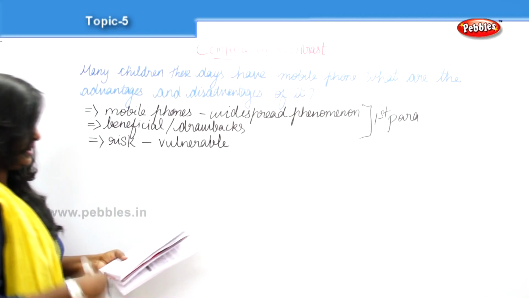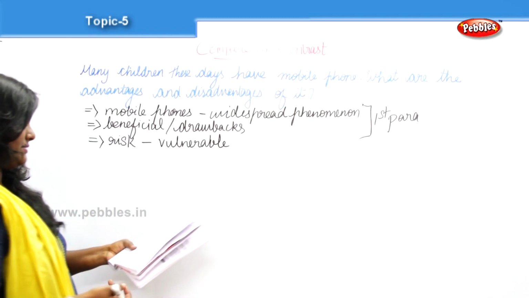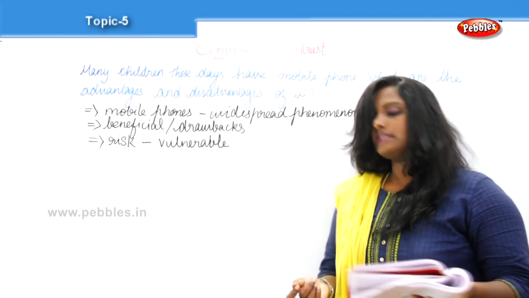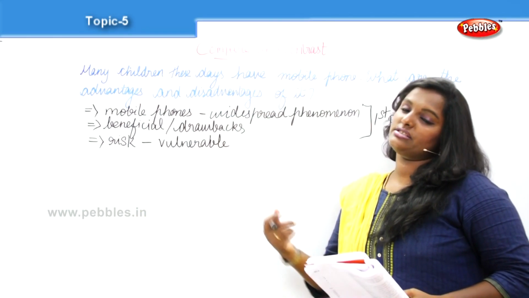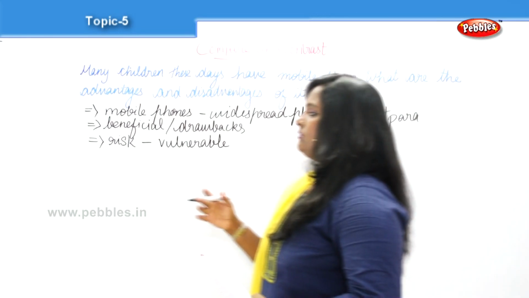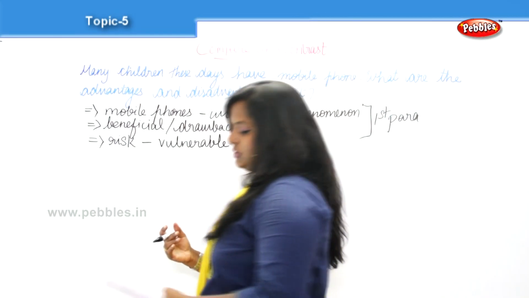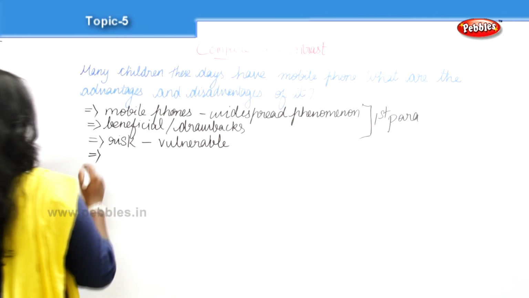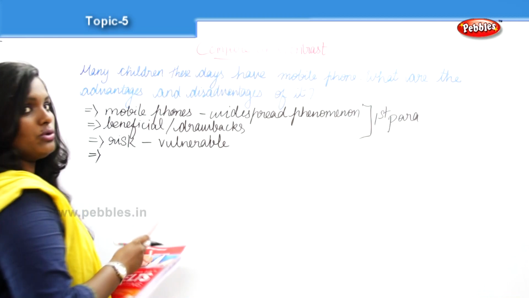They are targets of thieves, they can be easily cheated, they can be overpowered, and these days cell phone snatching cases are also quite common, and kids are more vulnerable to it. Sometimes it also becomes dangerous when it goes overboard.